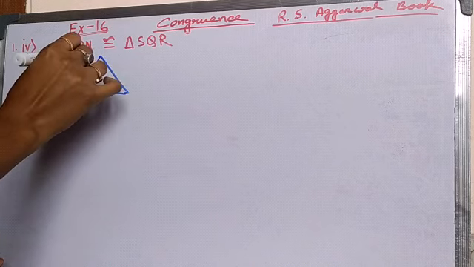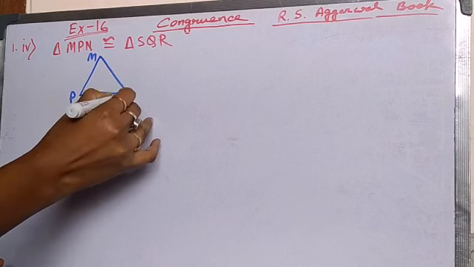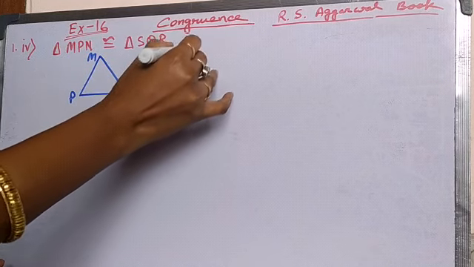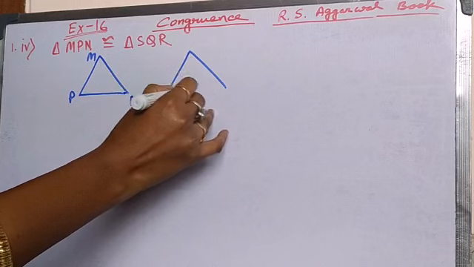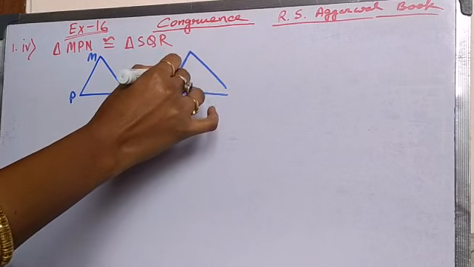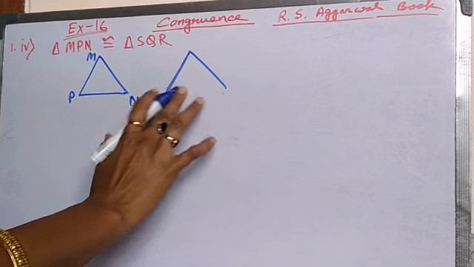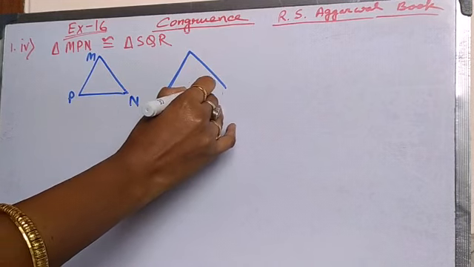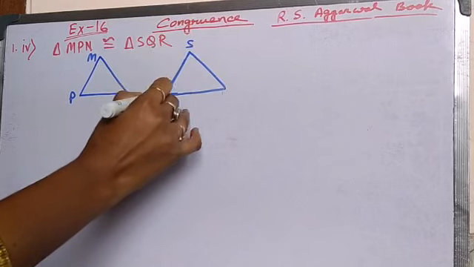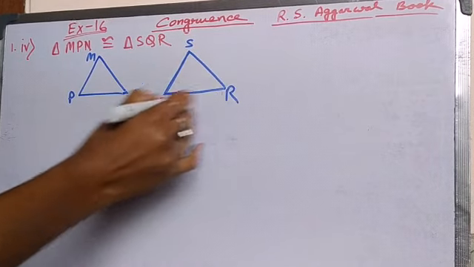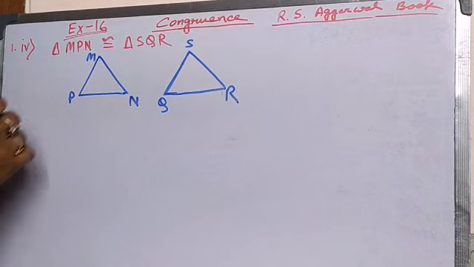The first one is MPN and the second one is SQR.